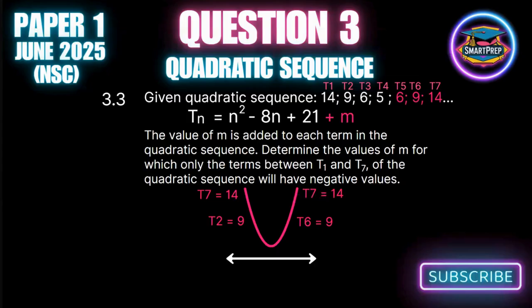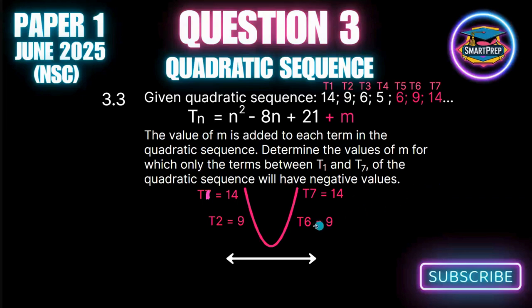So let me just make a note there. Okay, I'll just correct that quickly now. So this is t1 is 14, okay? And so we need to bring that down. Notice if we bring 14 down by 14, it'll become 0, which is fine. All we don't want it to be is negative, because it's only the ones between t2 and t6.